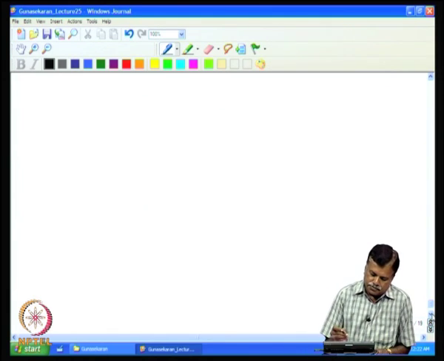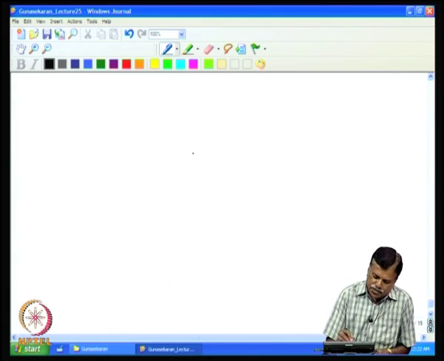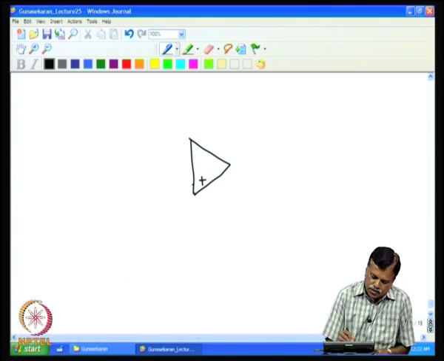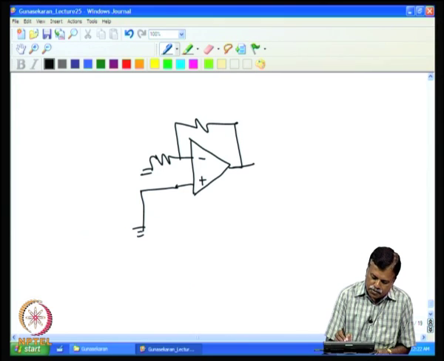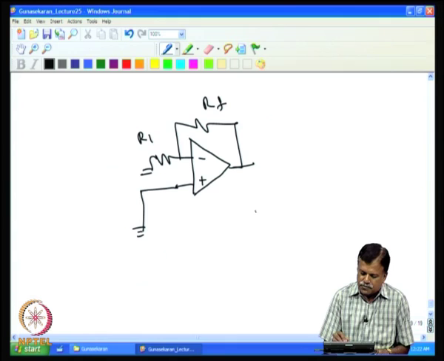So, let us take a simple circuit and see what effect that bias current is creating. You have plus and minus here, and for example, I have no input signal, I have grounded the input straight away. Then I have connected two resistors to give a gain here, for example RF and R1. I need a gain of say 25.